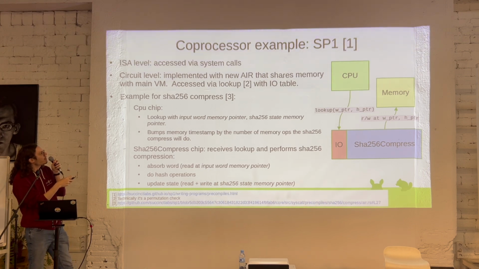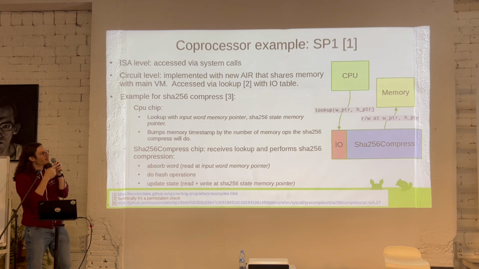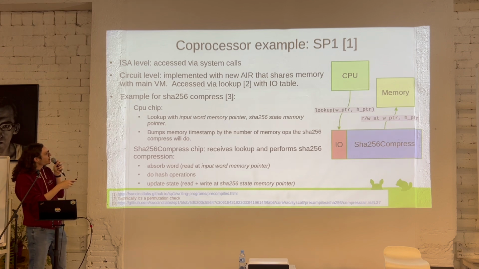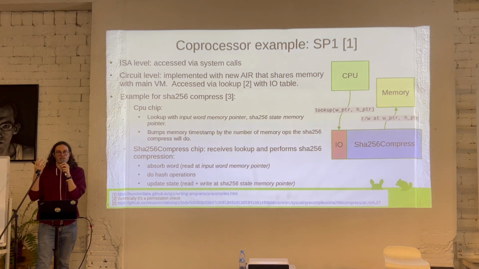So this is an example of the SHA-256 compress function, which is a function that just does one call to SHA-256. The CPU will do a lookup passing two pointers, which are the word memory, which is the data we want to hash, and the SHA-256 state, which contains the current hashing state.